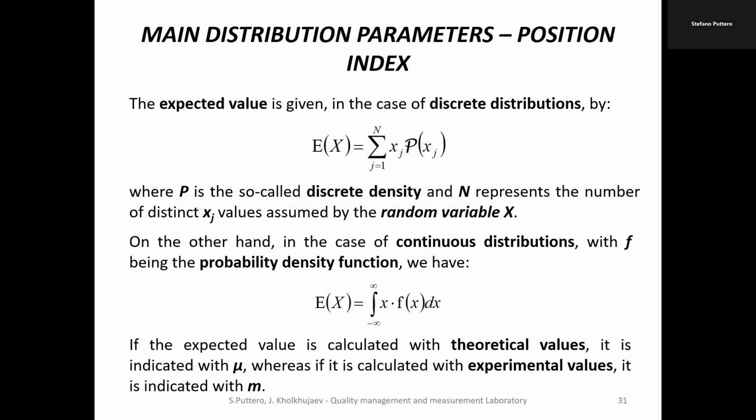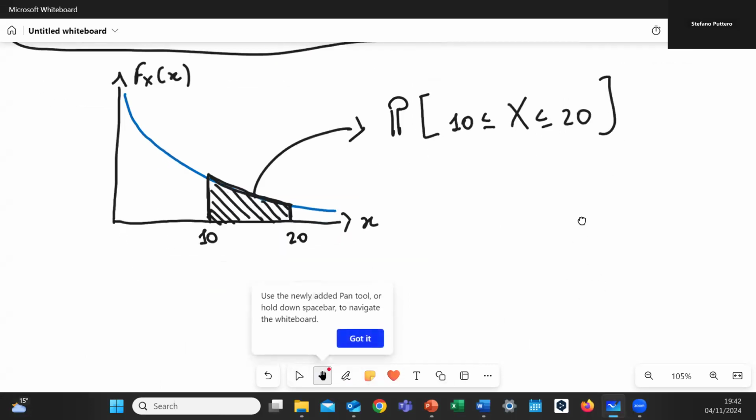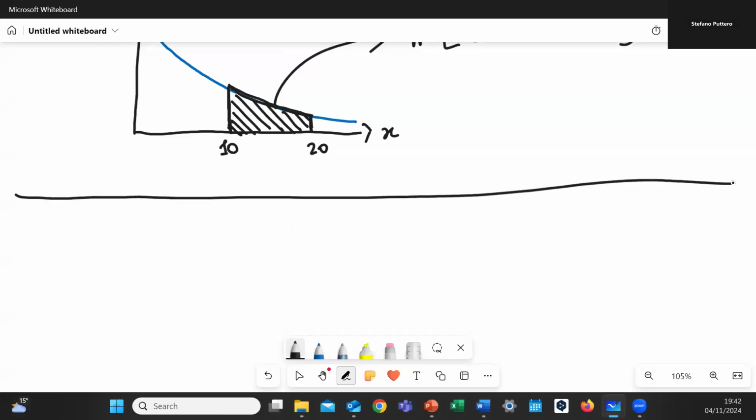So just to be clear, I take the whiteboard. Again, we have the definition of expected value, but the definition is different if we are dealing with x discrete, or if we are dealing with x continuous.